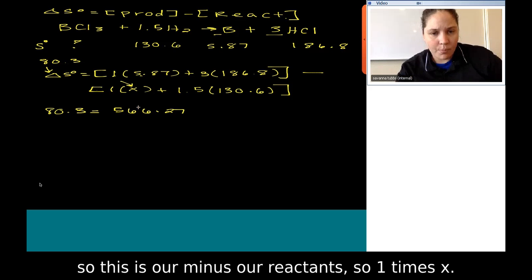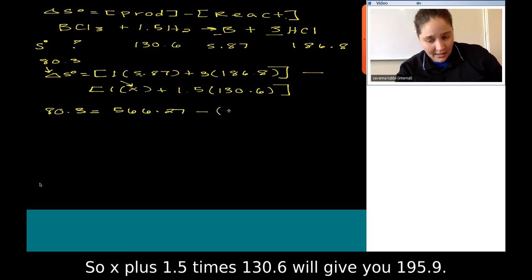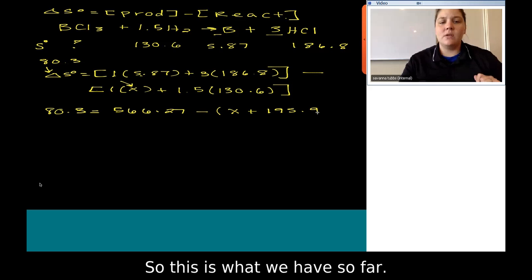So this is our products minus our reactants. So 1 times X, so X plus 1.5 times 130.6 will give you 195.9. So this is what we have so far.